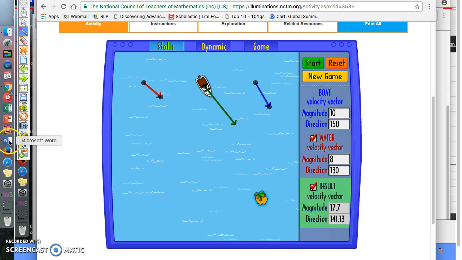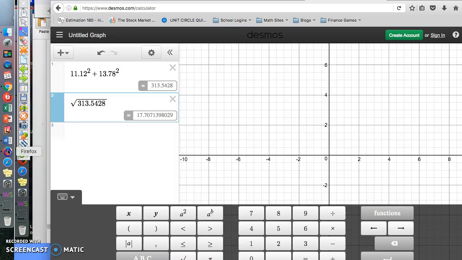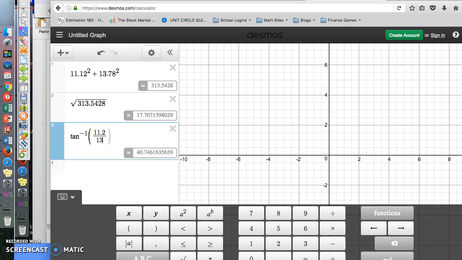And let's check that angle there. So we said 17.7. How do we figure out this angle here? We could do all sorts of trig functions. If we did the tan inverse of opposite over adjacent, jump back here. 11.12 divided by 13.8, so 39 degrees.